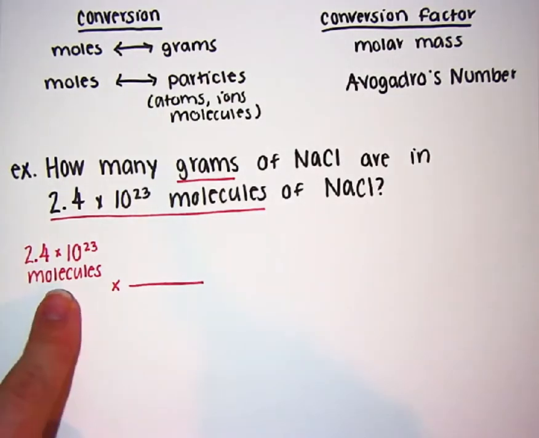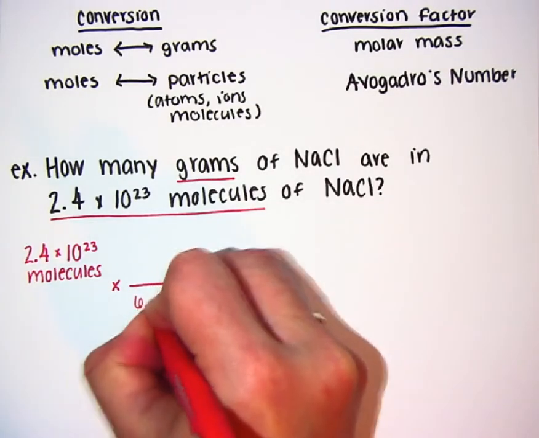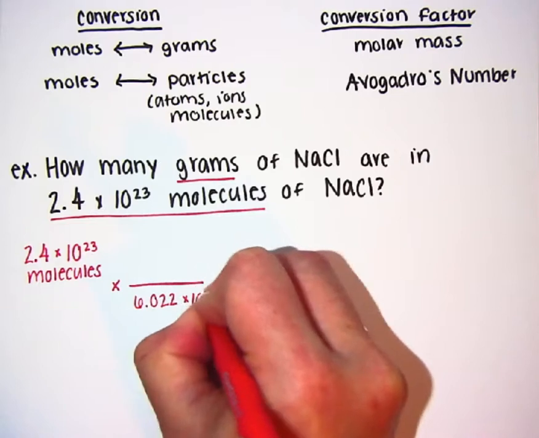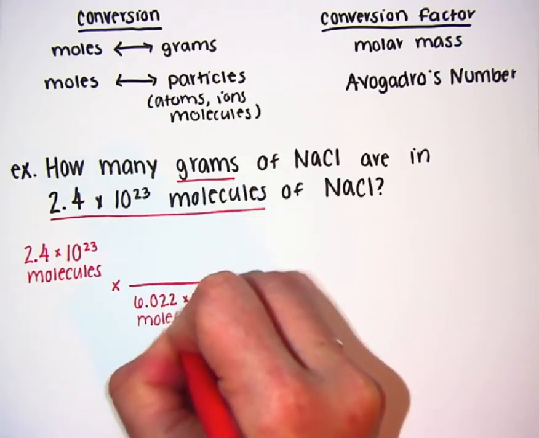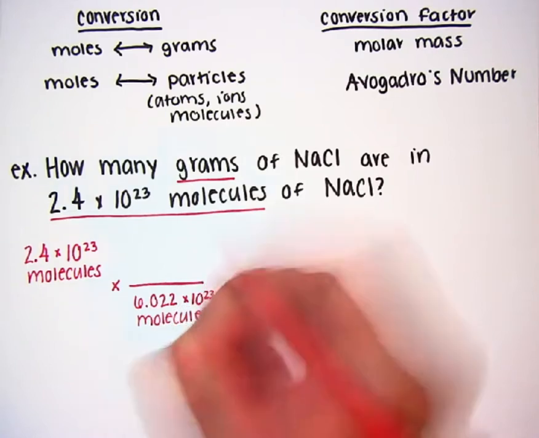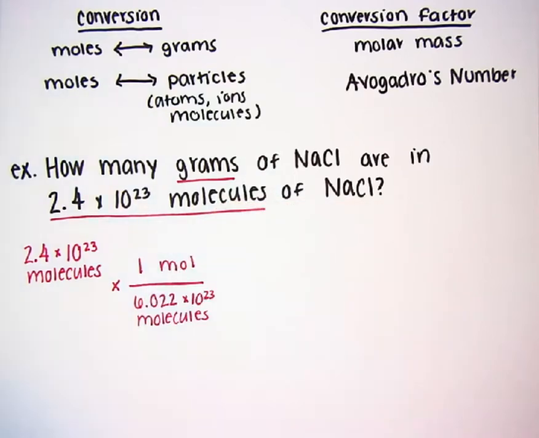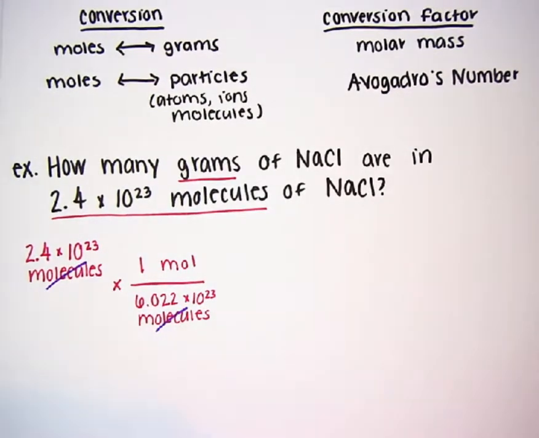If I'm starting with molecules and I need molecules to cancel, it has to go in the denominator. 6.022 times 10 to the 23rd molecules in every 1 mole. Molecules divided by molecules will cancel.